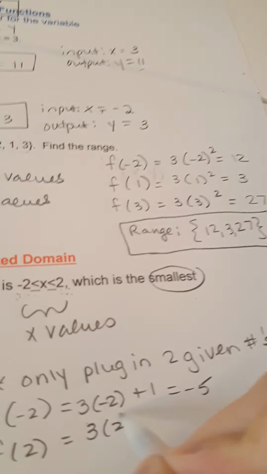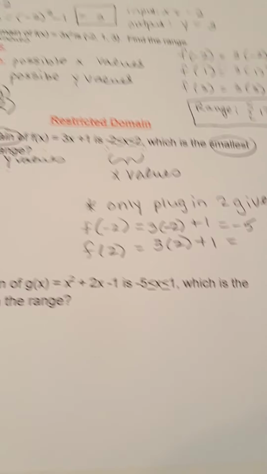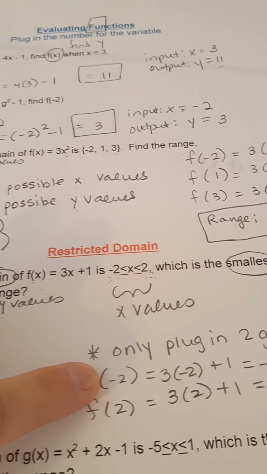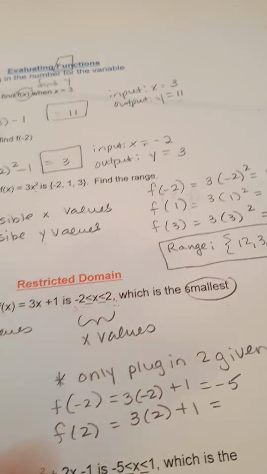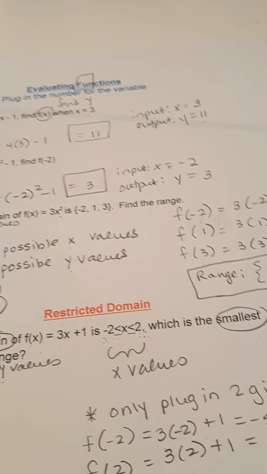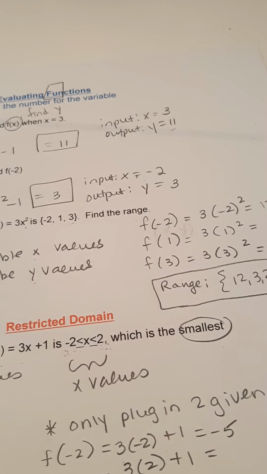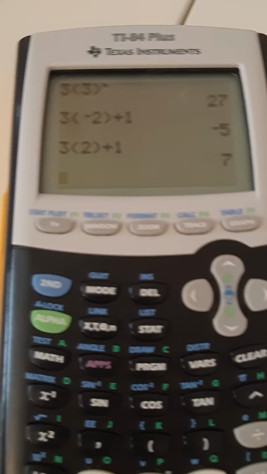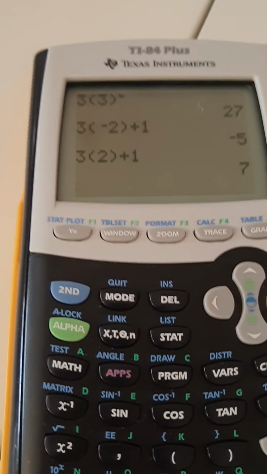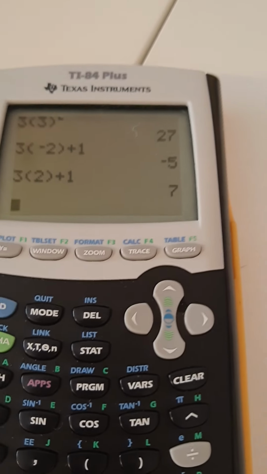I don't want to make more work for you, but as you can see, this will take one moment of your time. So you're plugging in the smallest x value, you're plugging in the largest x value. You want to see which is going to produce the smallest y value, the range. So I put this in the calculator, and as you expected, it gave me a positive number, a bigger number.